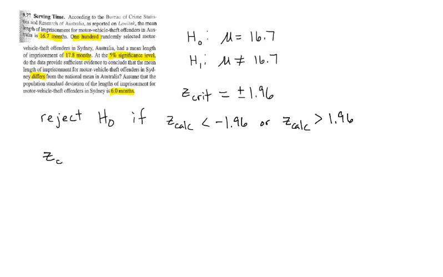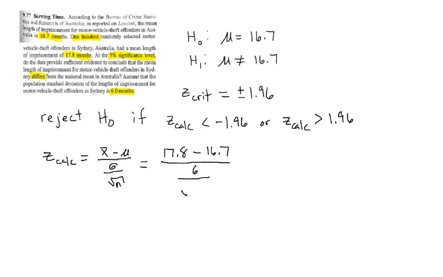So zcalc is equal to x bar minus mu divided by sigma divided by the square root of n, and that is equal to x bar in our problem was 17.8 minus mu, which is 16.7, divided by sigma, which was 6, divided by the square root of n, and n was equal to 100.